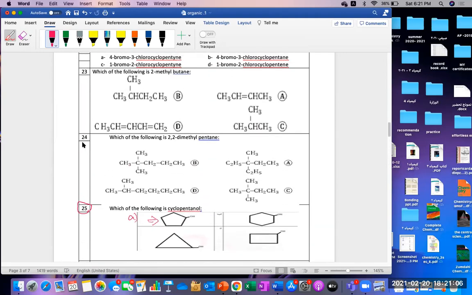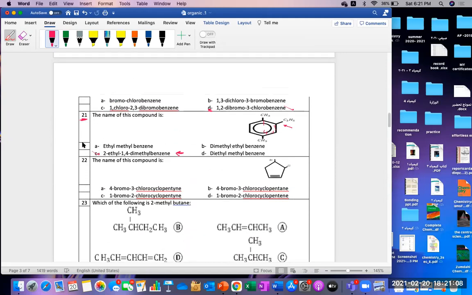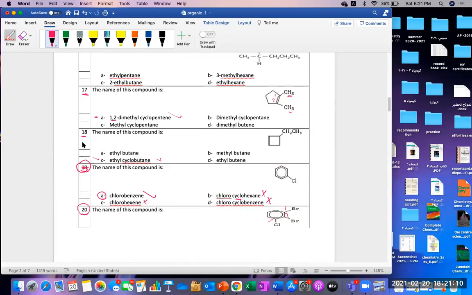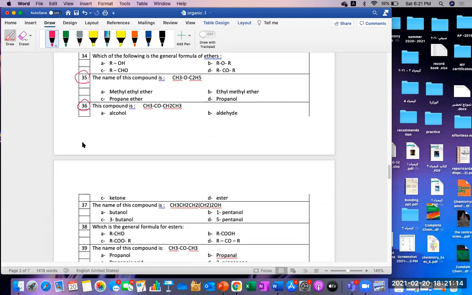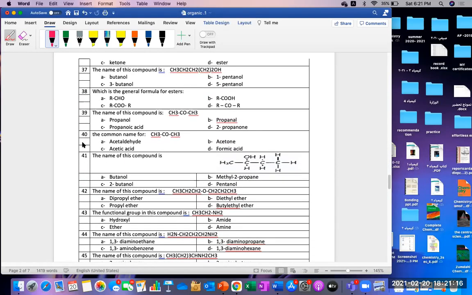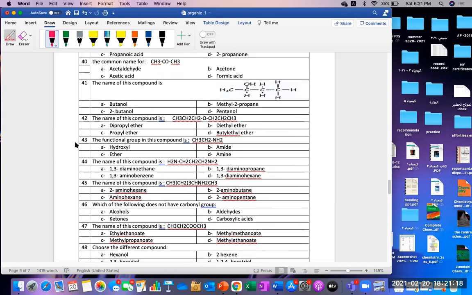Okay, what is amine? 35, 36, and yeah, 43, and maybe 45 or 44.